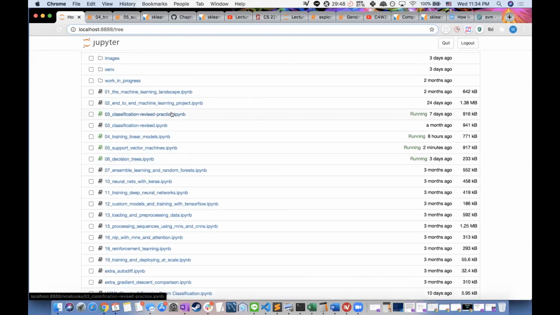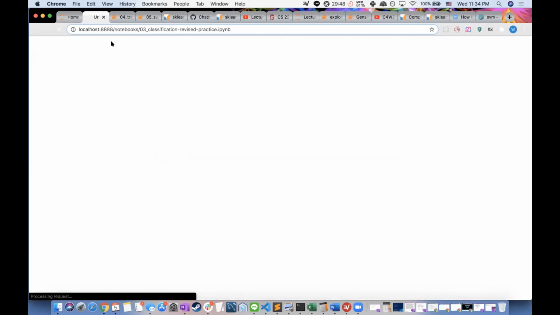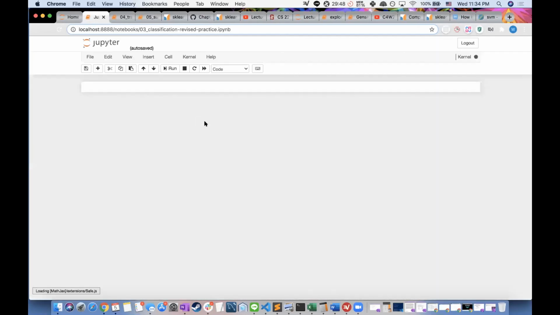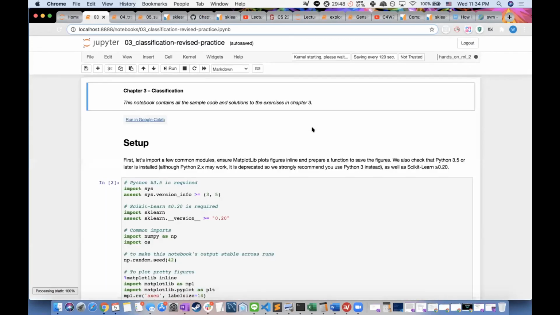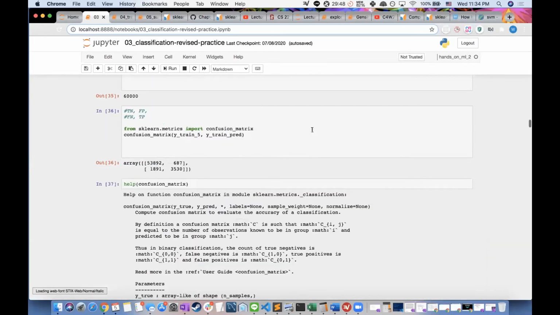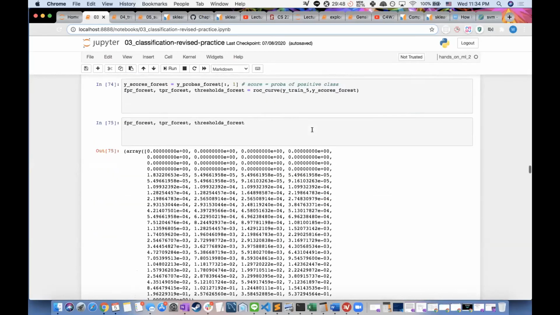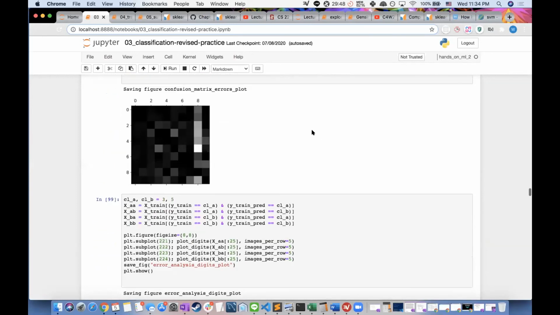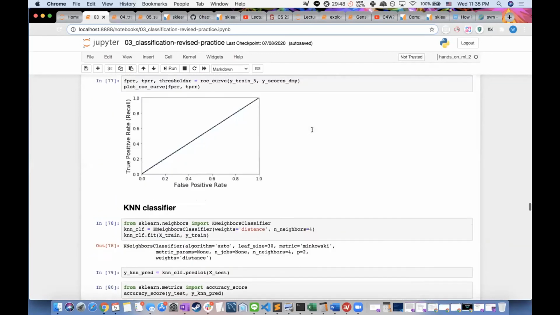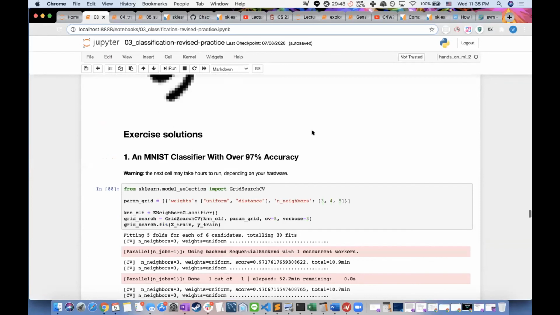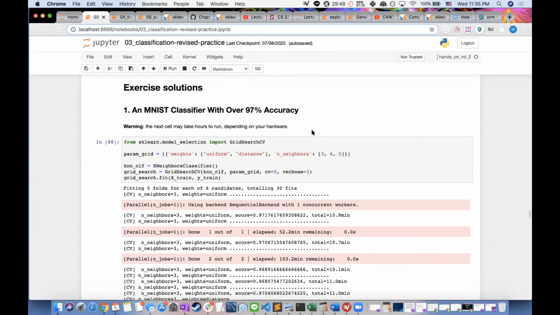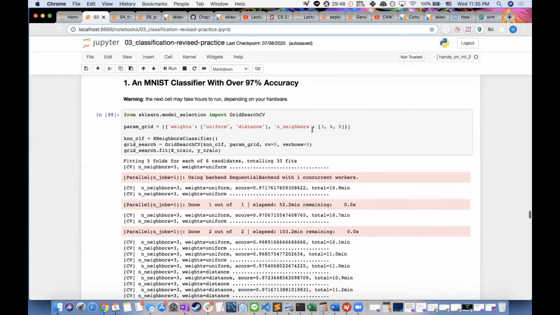Yeah, so let me just show you really quick. One second. It's taking a little time to load. I think the notebook is a little big. Okay, let me scroll down all the way. Grid search CV.